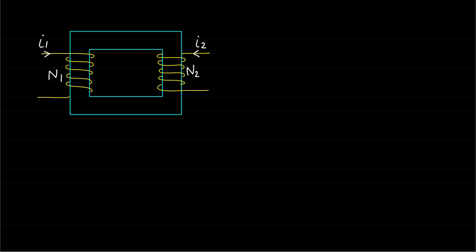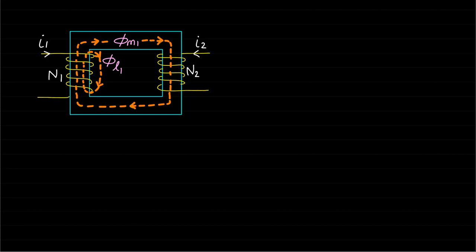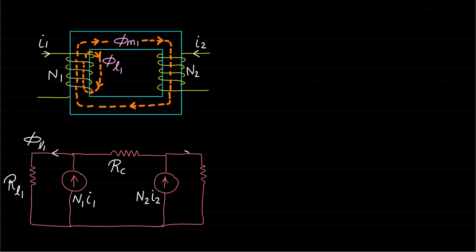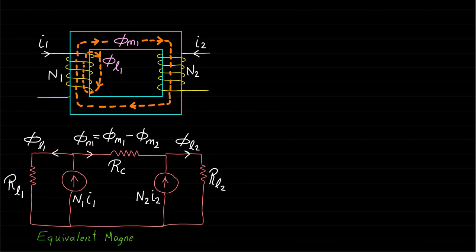One magnetic field represents the leakage magnetic field phi L1, and the other represents the magnetizing magnetic field phi M1 of coil 1, and at the same time it represents the mutual magnetic field with respect to coil 2. The equivalent magnetic circuit of this magnetic circuit is as shown. The magnetic field line equations of this magnetic circuit can be written as shown.